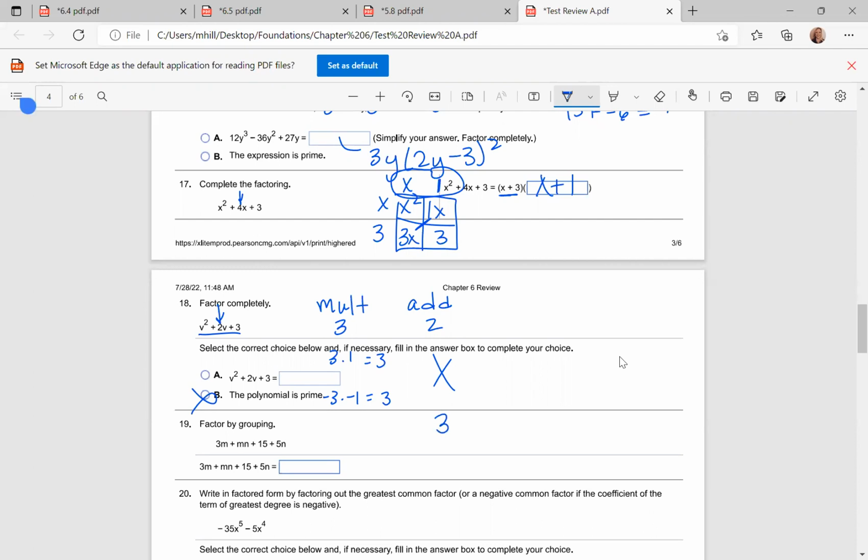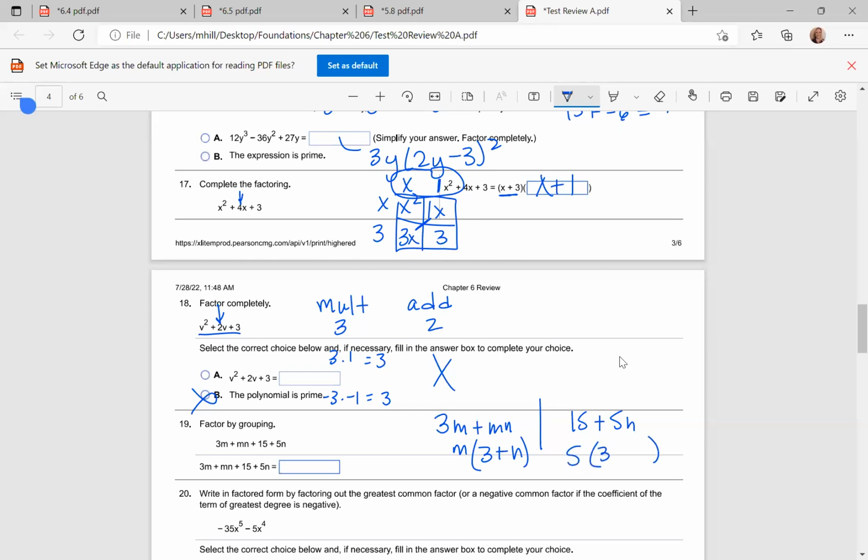They're wanting us to factor number 19 by grouping. So we could factor out m here, and that would leave us with 3 plus n if I took an m out of both of those. On the 15 and the 5n, I think I could take a 5 out of both of those.